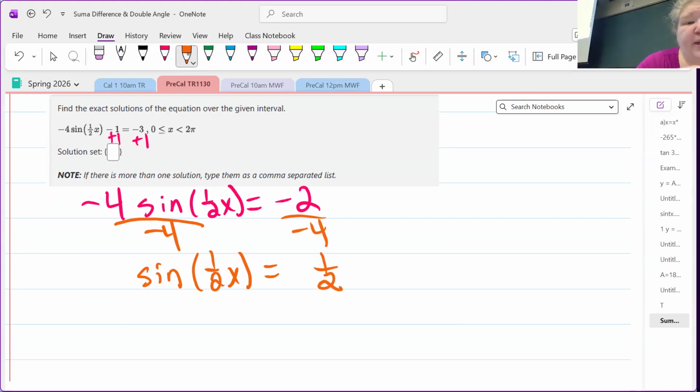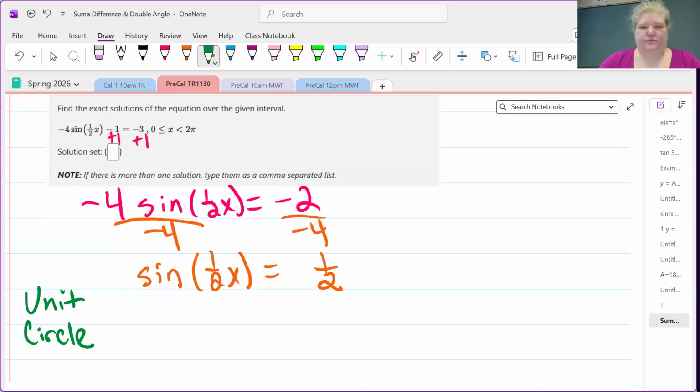This is the step where we go to the unit circle. So where is the sine 1/2 on the unit circle? So let me go yoink a picture of the unit circle real quick.